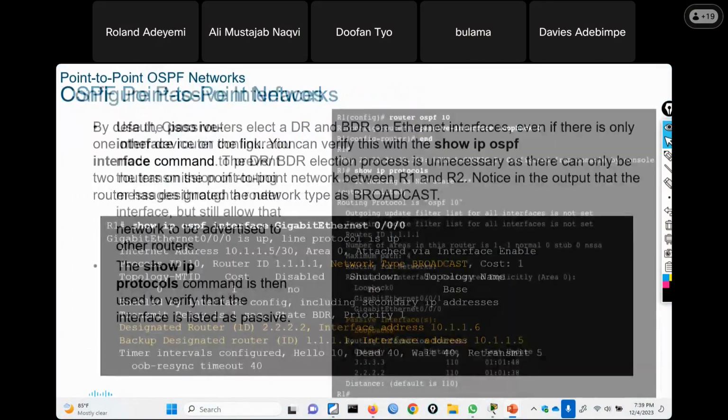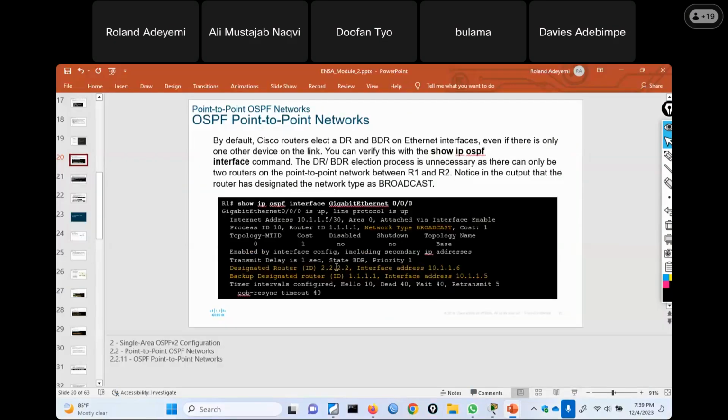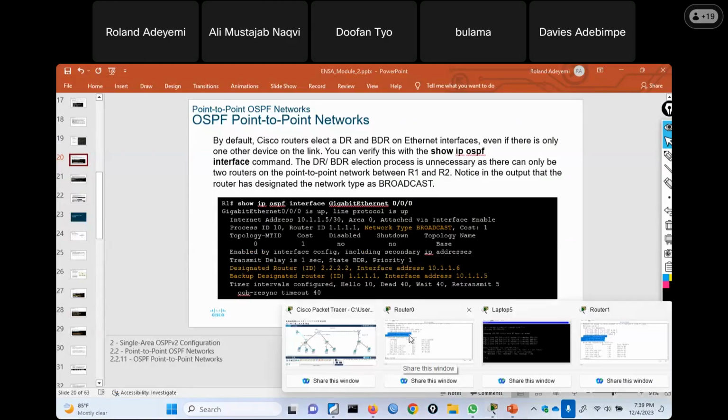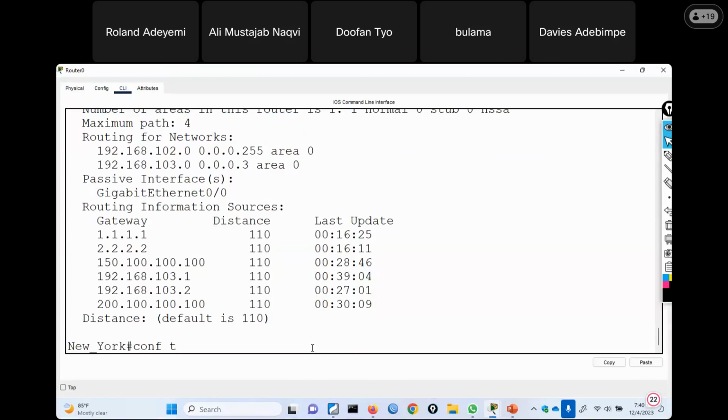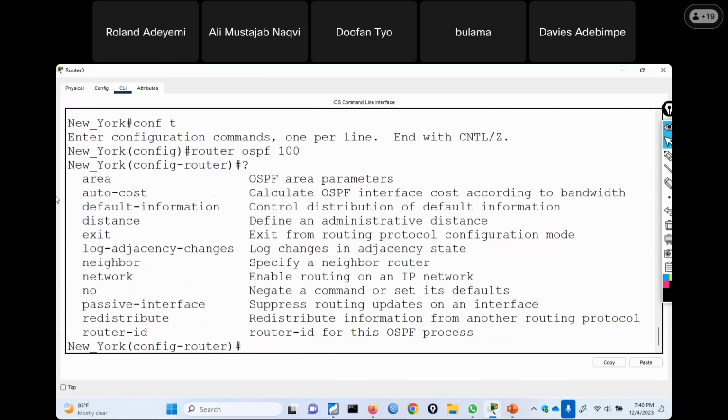Any question on this? So we learned the basic configuration of OSPF. We learned how to change the router ID. Then we learned how to configure passive interface. If I go back to that environment, we have used this command, and this command, and this command, making three.